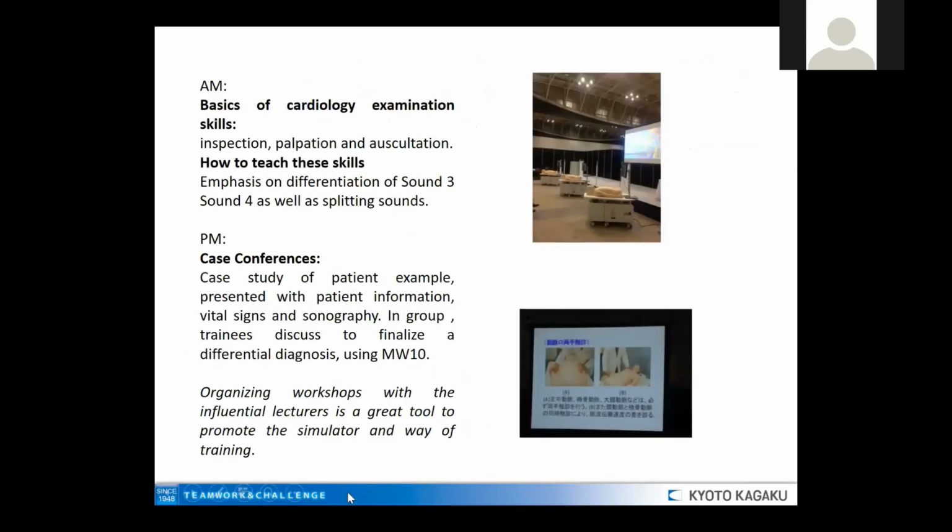Like, for example, these are the contents of that seminar: the basics of cardiology examinations, and also case conferences of many case studies showing how this model is useful.